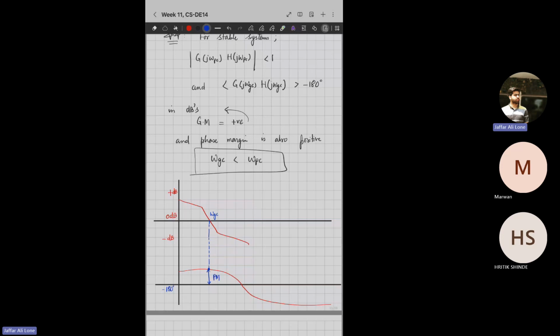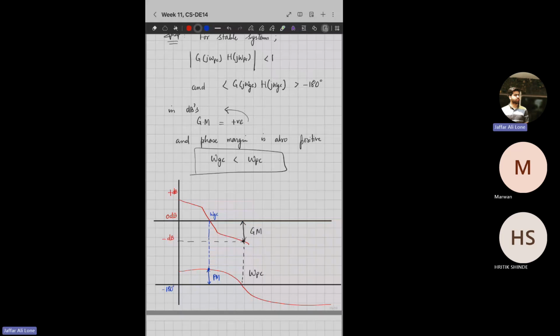And at omega PC, which is the phase crossover frequency, what is my gain? So this is my gain. So basically, this is my gain margin. That's what I said.